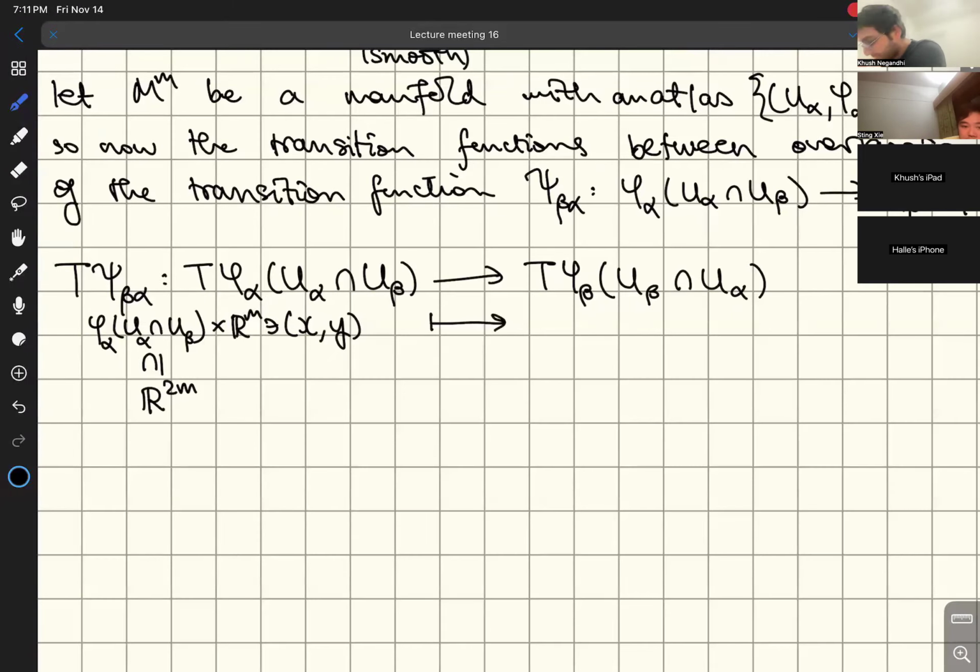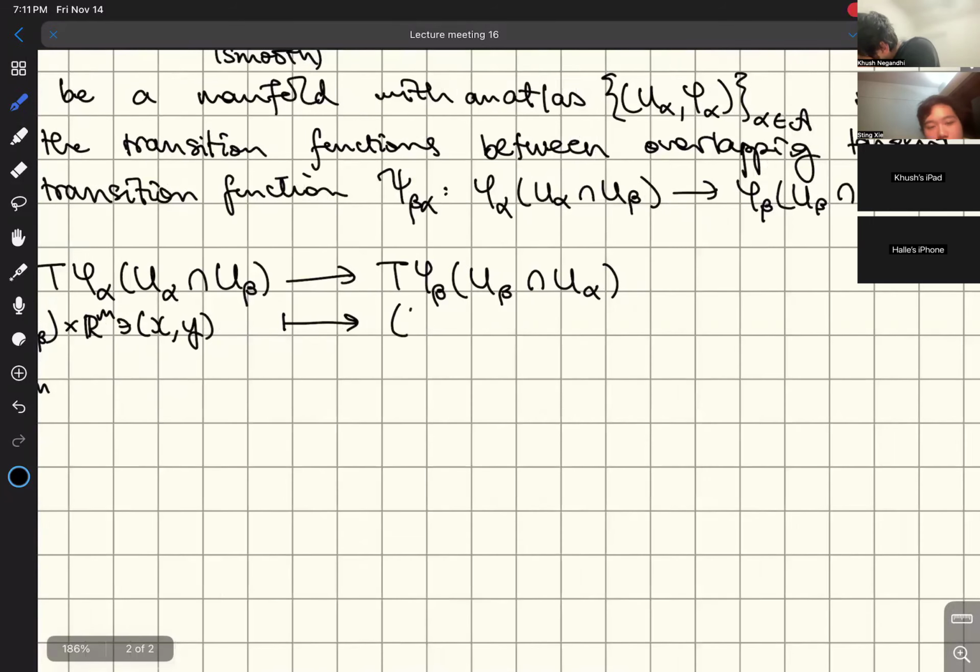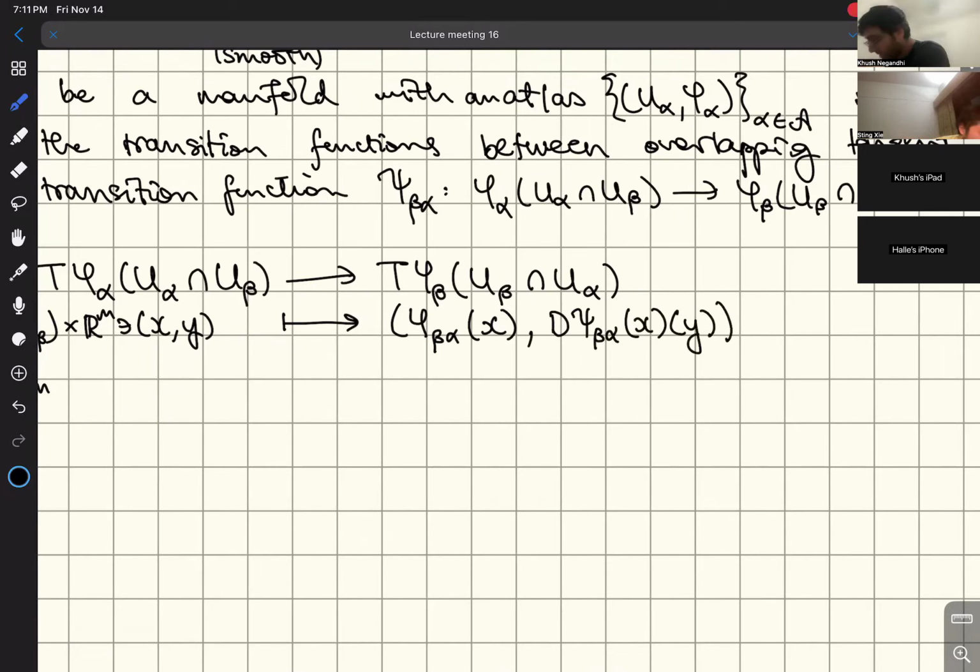And then it maps it over to psi beta alpha of x, and then we just take the derivative of the transition function at x, evaluated at y.